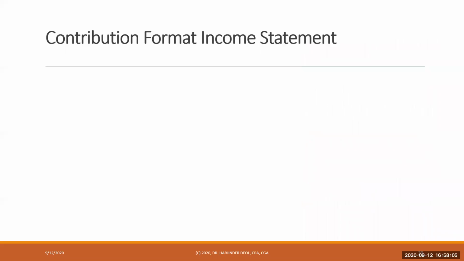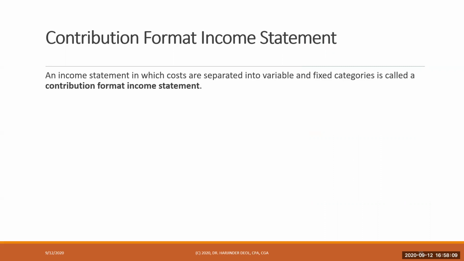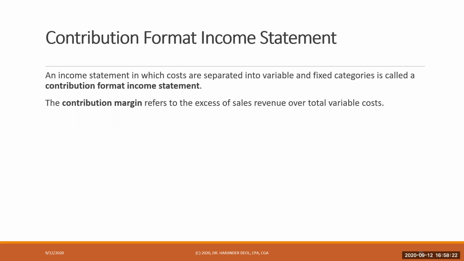Next, let's take a look at the contribution format income statement. It is an income statement in which costs are separated into variable costs and fixed cost categories. And the difference between sales revenue and total variable costs is called contribution margin.